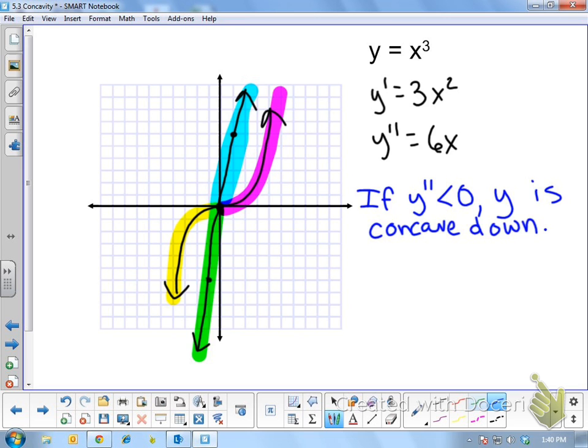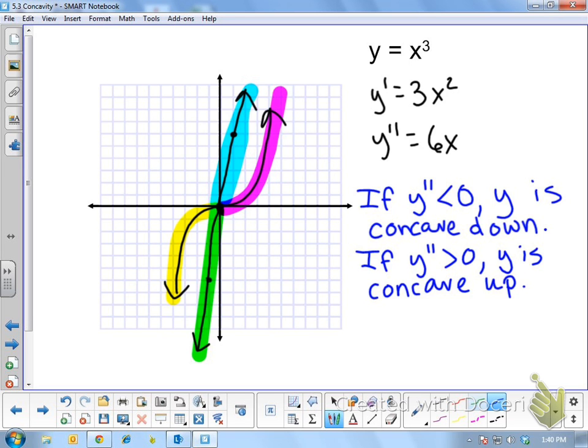What would our rules say? If y double prime is greater than 0, y is concave up.